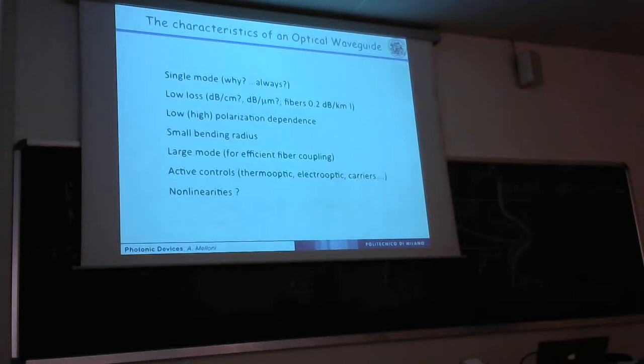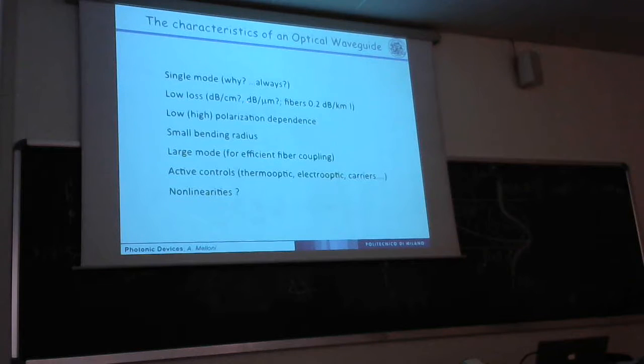So, you want a low or high polarization dependence? We discussed at this point, you want a polarization independent device, so low, or you want to keep the two well separated, so high. You want to be able to make a very tight bend, so small bending radius. But you want a large mode because you want to couple to an optical fiber. You cannot achieve all this. So you have to find some trade-off, and this is the design of the waveguide for a given application.